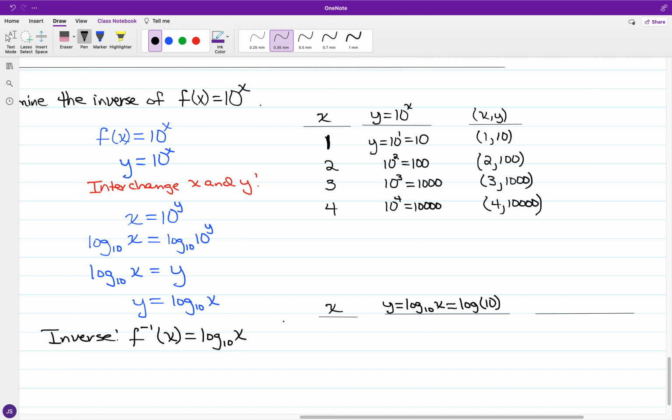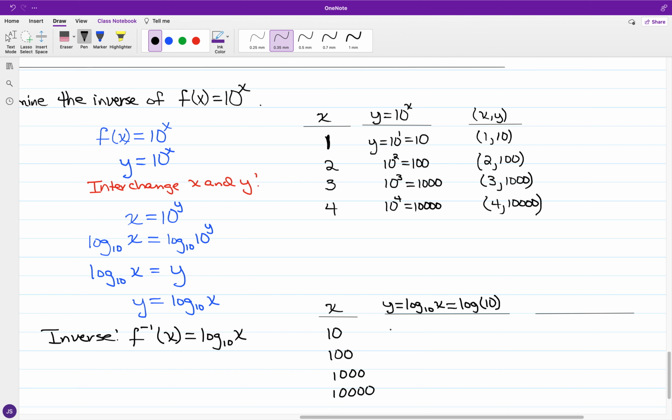And for the x values, if I do the reverse, I have x at 10, x at 100, x at 1000, and x at 10,000.